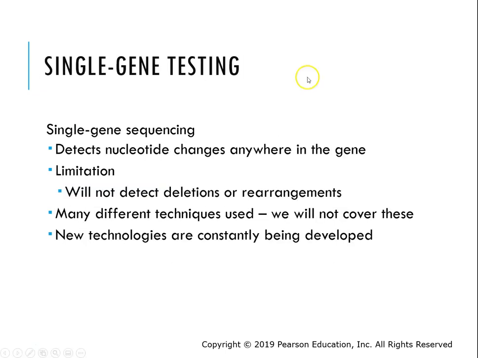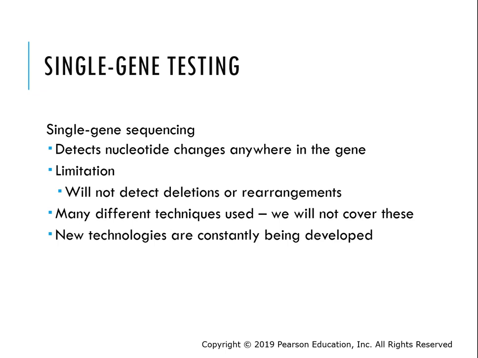Like I said, there are also technologies that can do single gene sequencing. So basically you can look for nucleotide changes anywhere in the gene, okay? It won't detect deletions or rearrangements. There are lots of techniques used to do sequencing, and there are new technologies always being developed.